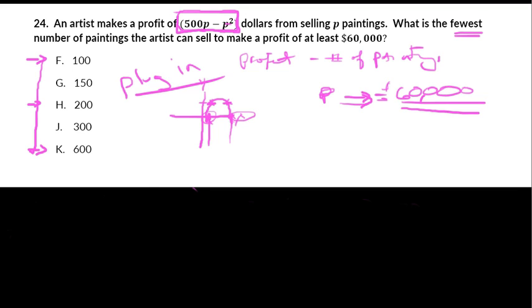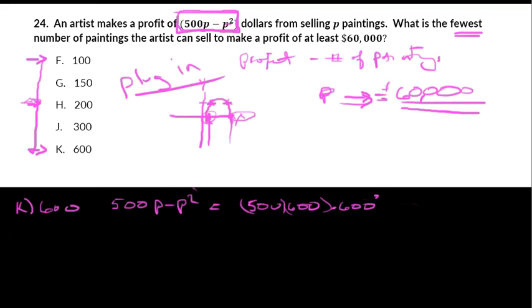I just want to show you the problem that is going to result, but remember that you would have to do some kind of logical decision about where to start, either 100, 150, 200. I think I would probably start in the middle if I were doing this for real. But let's start at the bottom with 600 first and see where that goes. So answer choice K is 600. So we plug 600 into our 500 p minus p squared, and that becomes 500 times 600 minus 600 squared.